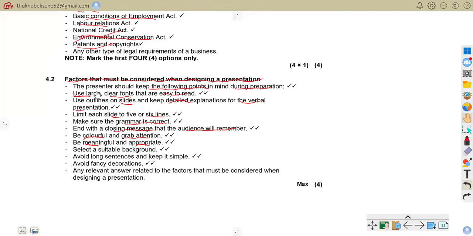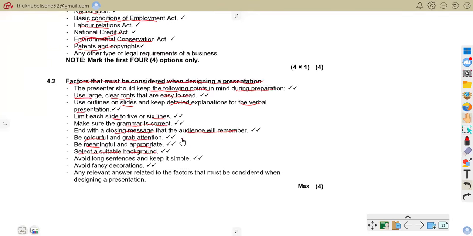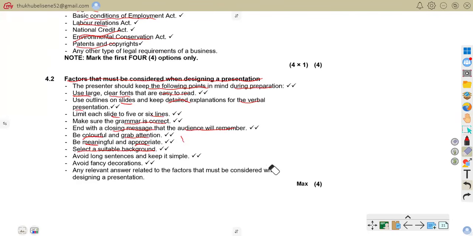Okay, as we are still on the factors that must be considered when designing our presentation. So now we are to select a suitable background, and it is very important that we make sure the background is very suitable so that it allows our presentation to be very effective.